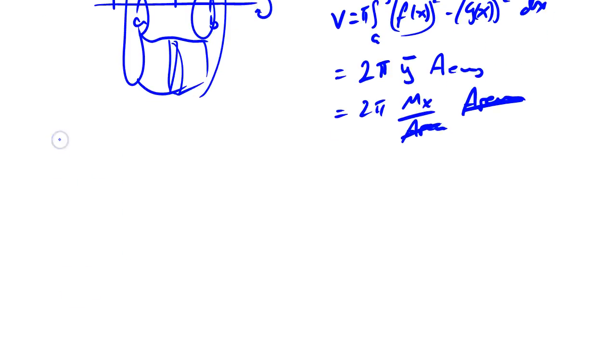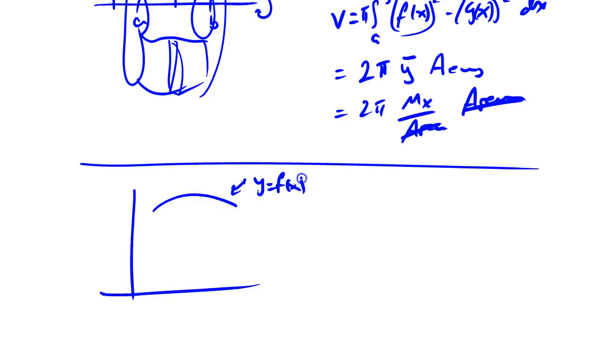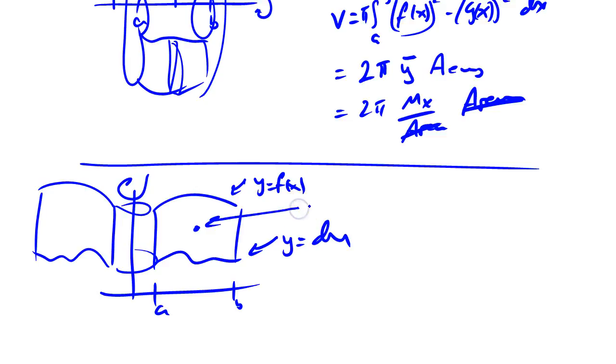Likewise, if I take that same region bounded above by y equals f of x and below by y equals g of x, between a and b, and now we rotate it around the y-axis to do the shell method, the centroid is at x bar, y bar.